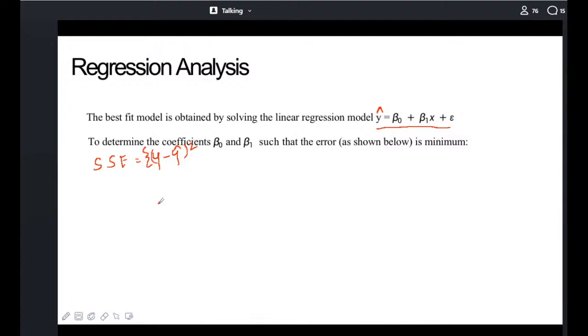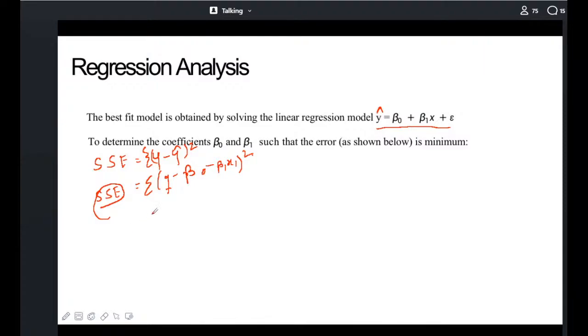Now y cap is nothing but beta naught plus beta 1 x1, so it is y minus beta naught minus beta 1 x1, whole square. Y is my actual value, y cap is my predicted value, and y we know. I need to minimize this sum of squared errors. I need to get it to, let's say, 0.